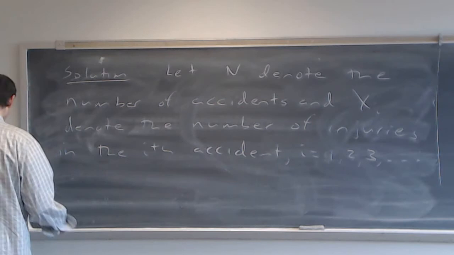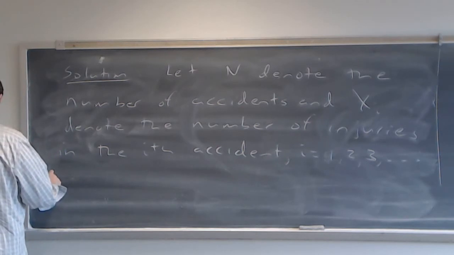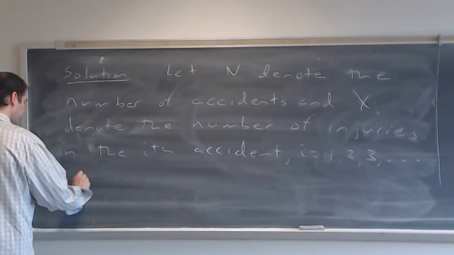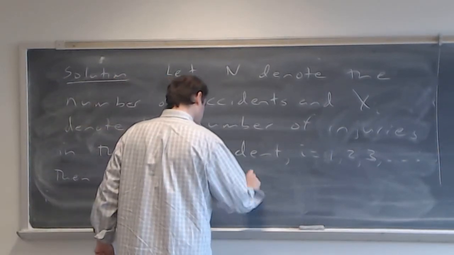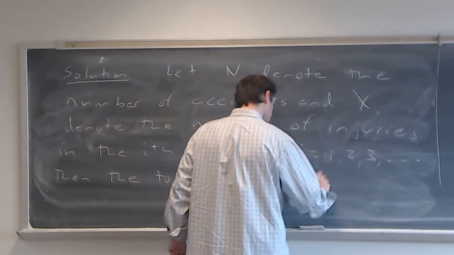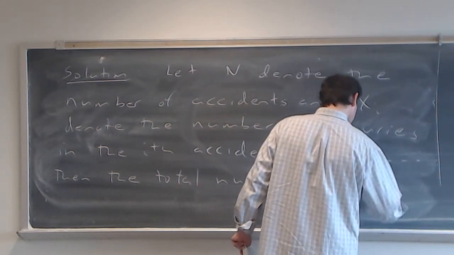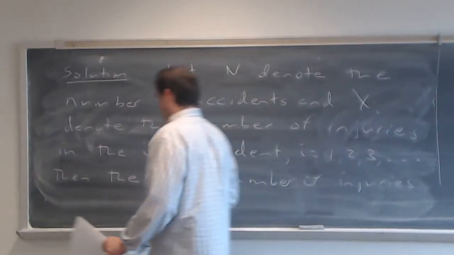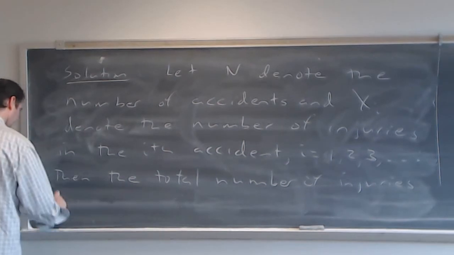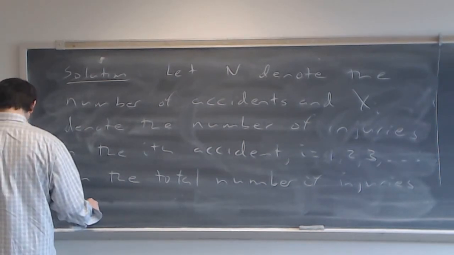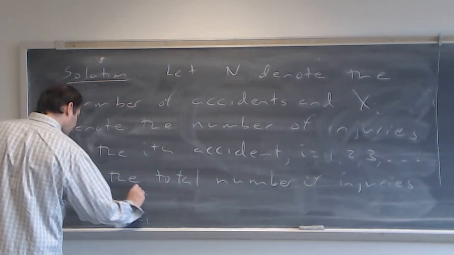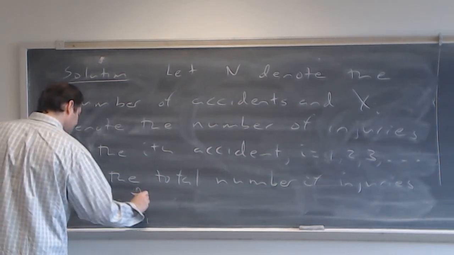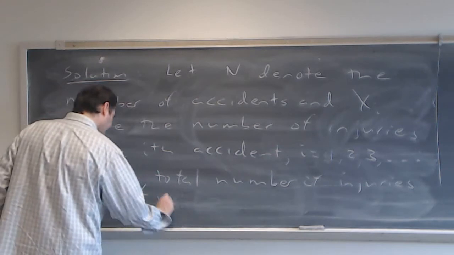Okay. Now, the total number of injuries is, well, it's X equal to the sum as i runs from 1 to big N of X sub i.